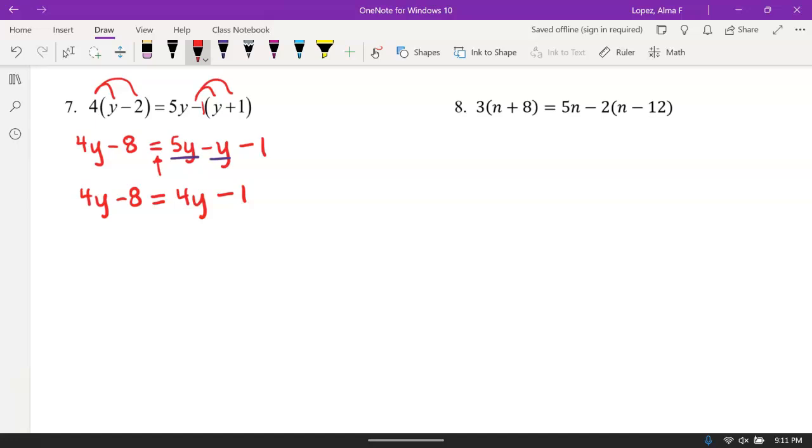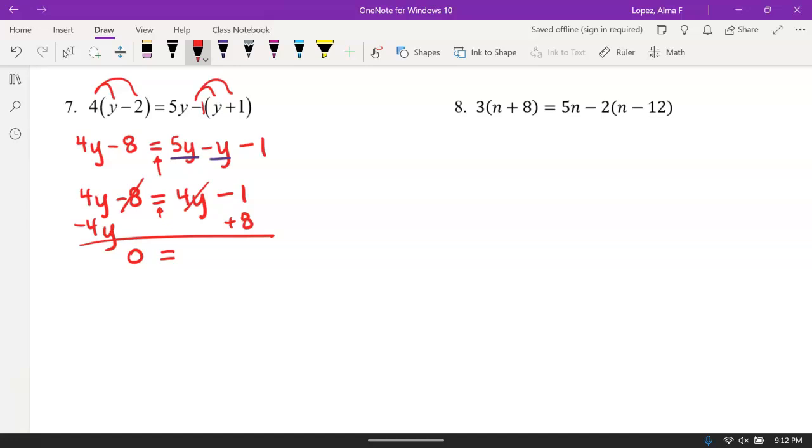All right, now I want to get all my y's on the left, all my constants on the right. That negative 8 is going to turn into a positive 8 when I move it to the right over the equal sign. The 4y is going to become a negative 4y. Now let's combine like terms and see what happens. 4y and negative 4y make 0.